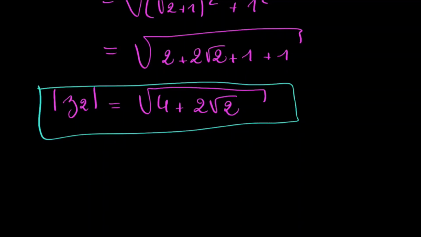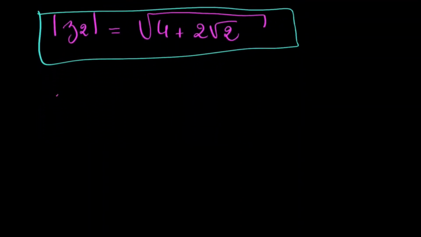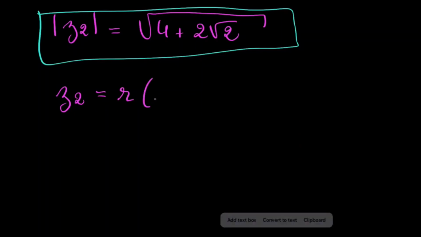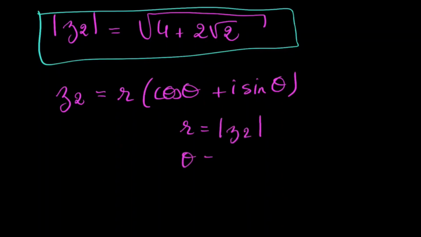Then we will calculate the argument of z2. Same as before, we know that z2 can be written in a form like that, r multiplied by cos theta plus i sin theta, with r that equals the modulus of z2 and theta that is the argument of z2.